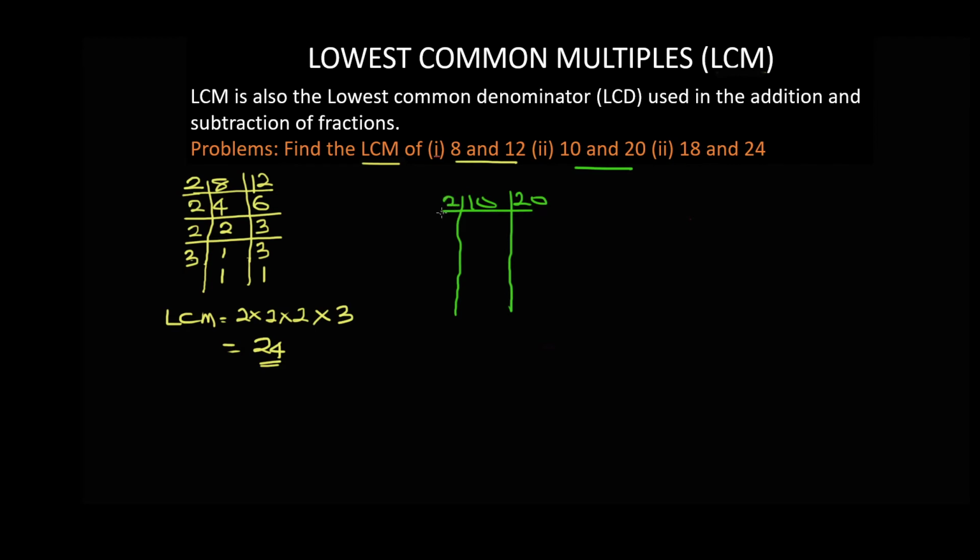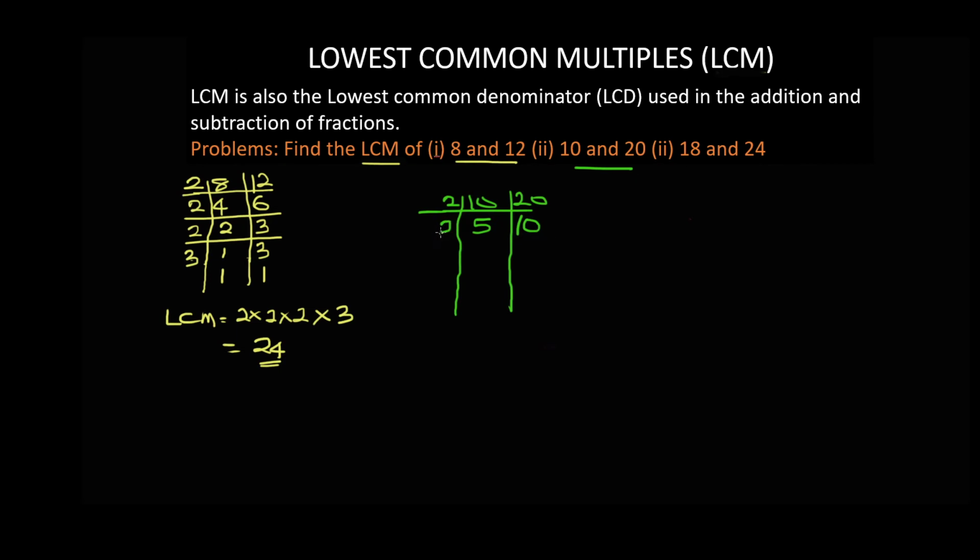That is 2. 2 in 10 is going to give you 5. 2 in 20 is going to give you 10. Now this is 5 and this is 10. And remember, we are talking about lowest common multiples. That means you have to start with the lowest number that can divide. 5 and 10. 2 can still divide 10.